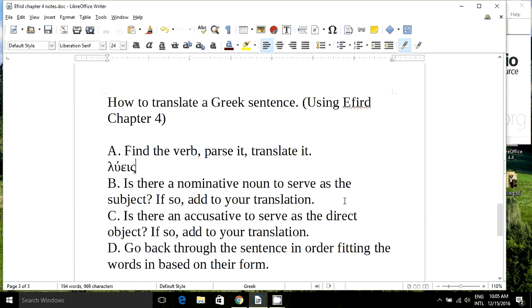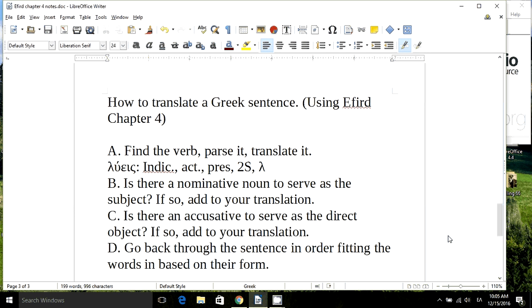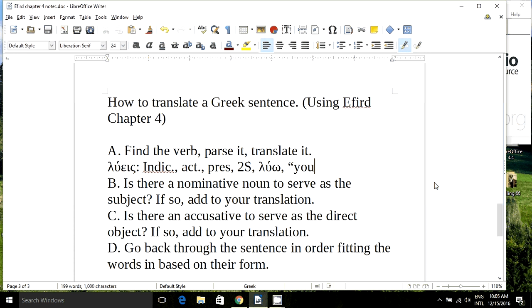You write lies and then a colon and then indicative, active, present, second singular, which you could even just write 2s, second singular from luo, and then the translation is you lose. So that's what your first step should look like.